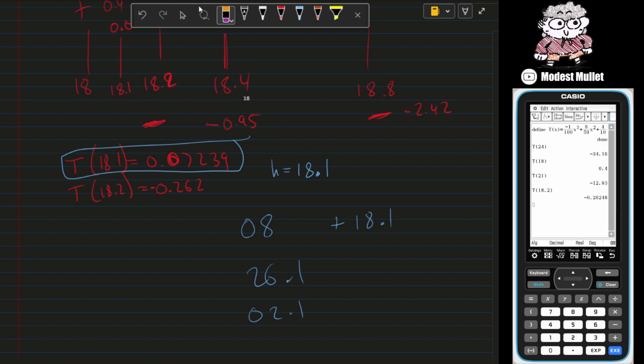So, and this is really weird to write, but it would be returning to ambient temperature at 2.1 a.m. the next day.